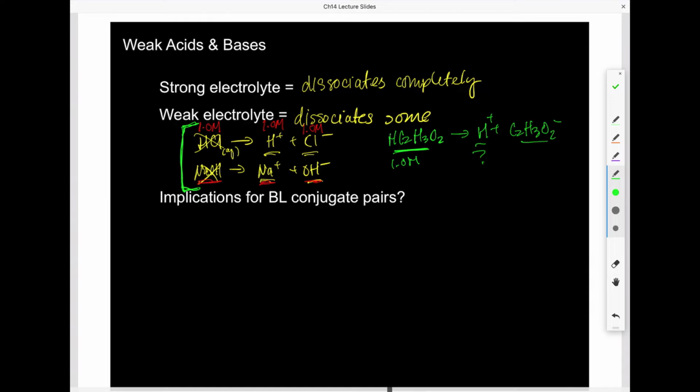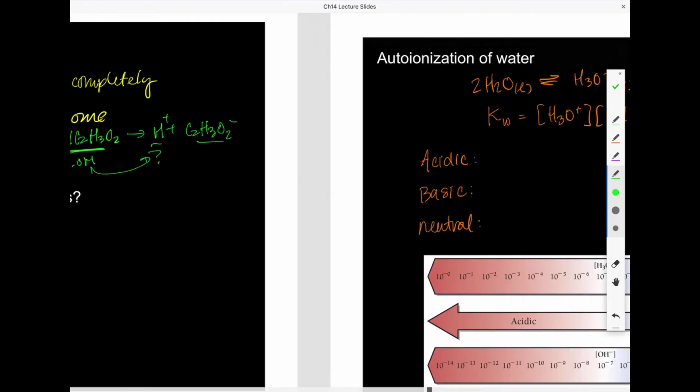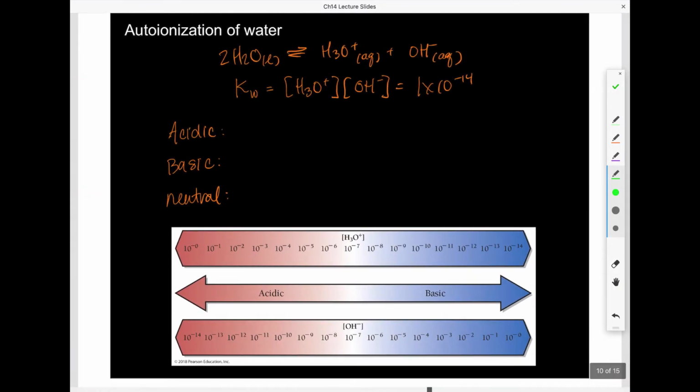But for all of those, that's where we're pretty much going to stay in terms of pH calculation, because like I said, the math from here to here is beyond where we are right now, okay? And so then, in the outline, I do believe I asked you to discuss a little bit about what that means for Bronsted-Lowry conjugate pairs, and your book does talk about it a little bit, and you just have to understand it to the extent that it's in your book, because for time purposes, we are just going to cut the discussion there.